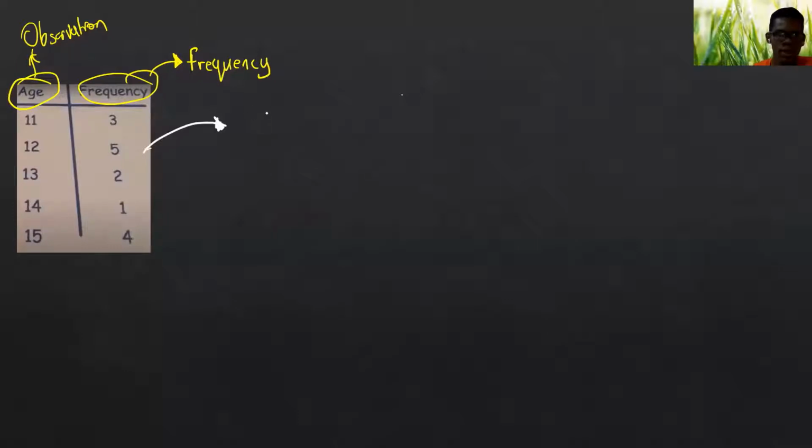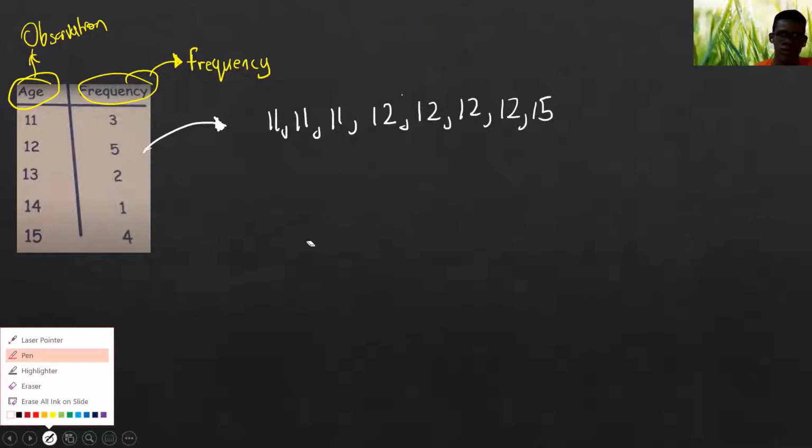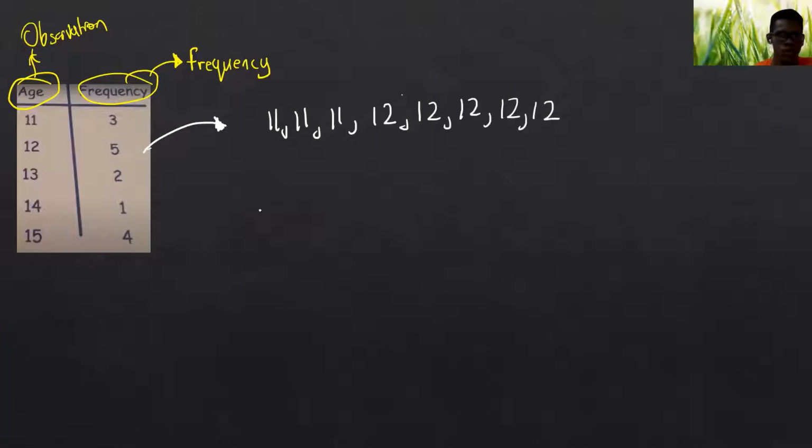frequency table, it would be 11 three times, 3 11s, I said that the other way around, 5 12s, so write 12 5 times. 5 12s, 2 13s, 1 14, and 4 15s.